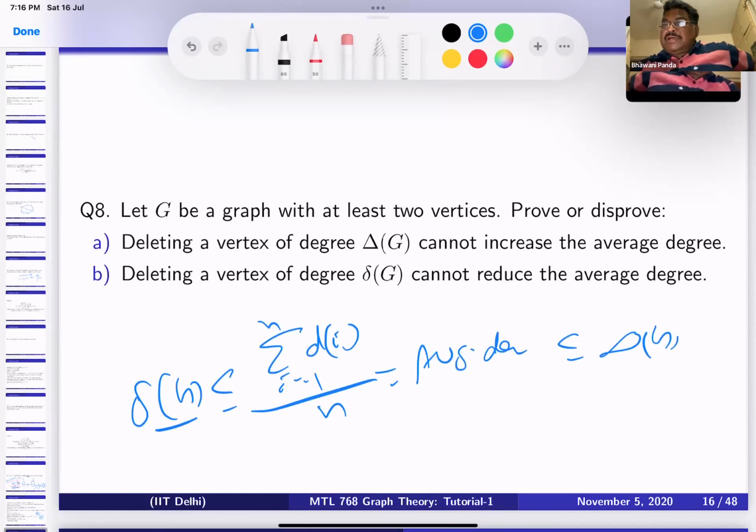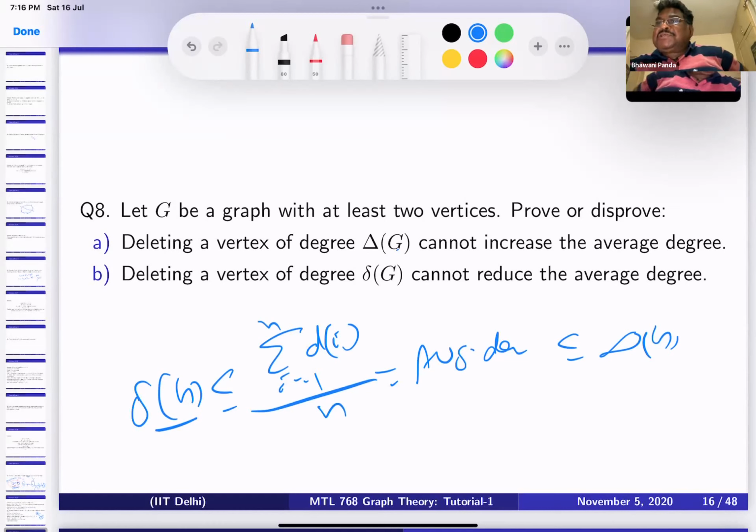So in the graph, you are now removing a vertex of maximum degree. The statement is that the average degree will not increase after deleting a maximum degree vertex. Is this true or not? And similarly, deleting a vertex of minimum degree cannot reduce the average degree.